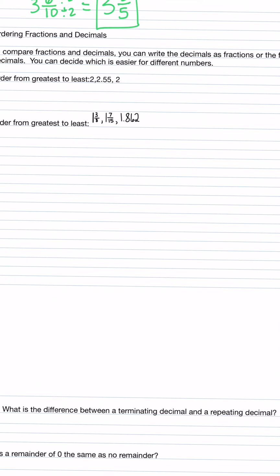Okay, so now we're going to talk about ordering fractions and decimals. To compare fractions and decimals, you can write the decimals as fractions or the fractions as decimals. You decide which is easier for different numbers. And I'm sorry, on your notes, they are incorrect. It should be 2, 2.55, and 2 and 6/18.